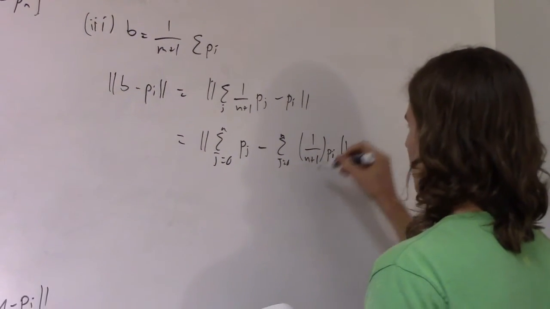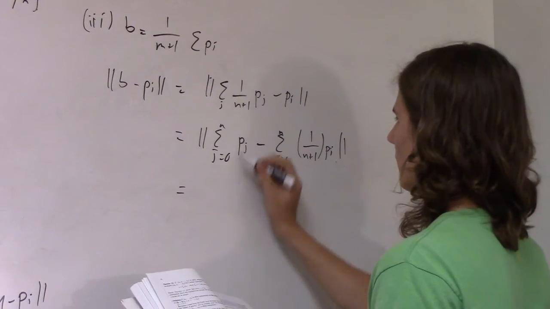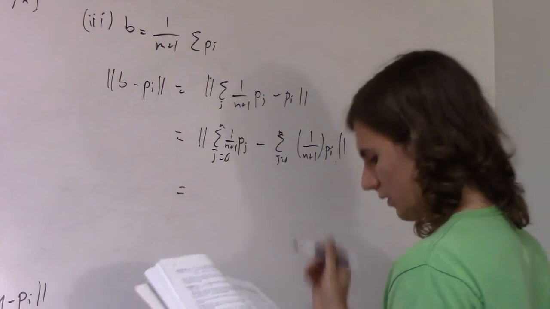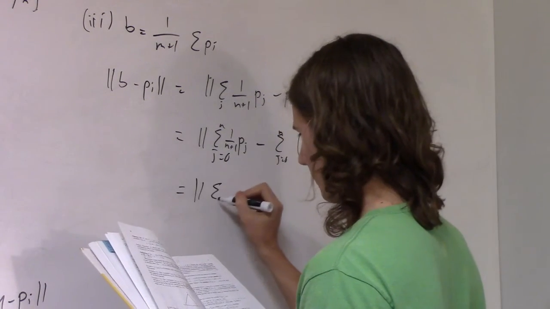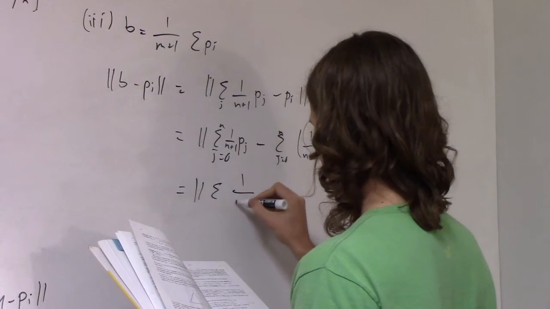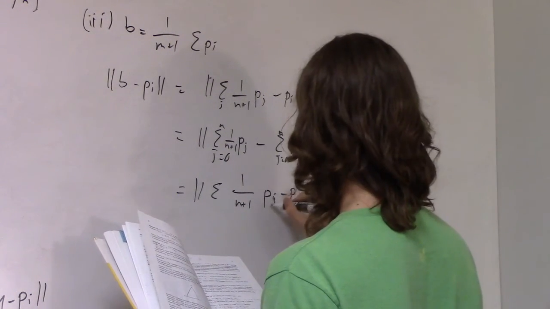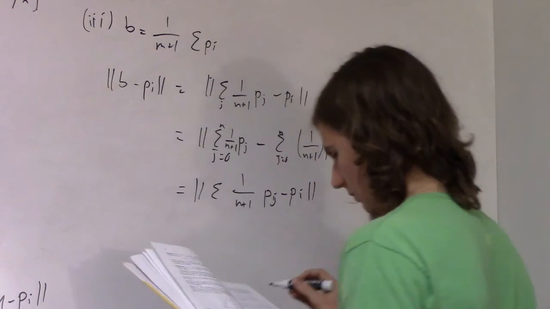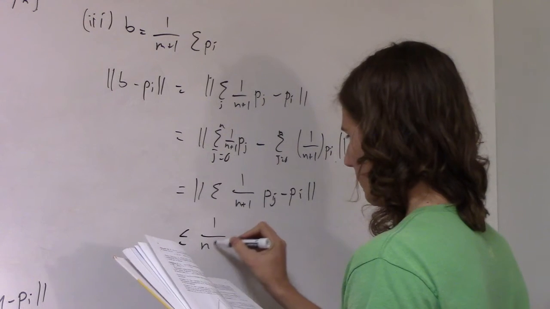So we can rewrite p_i as this. Which is equal to the sum of 1 over n plus 1 times p_i minus p_j, or p_j minus p_i, which is less than or equal to 1 over n plus 1.